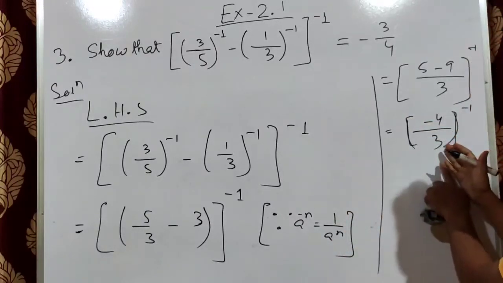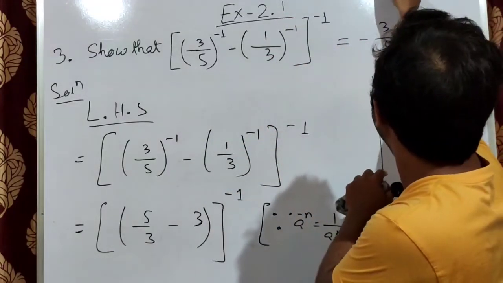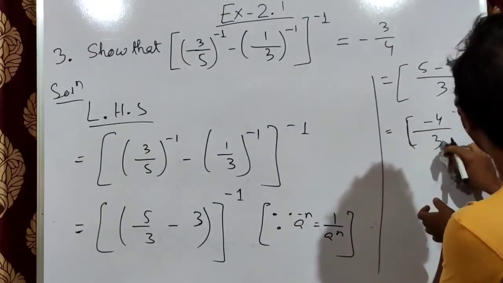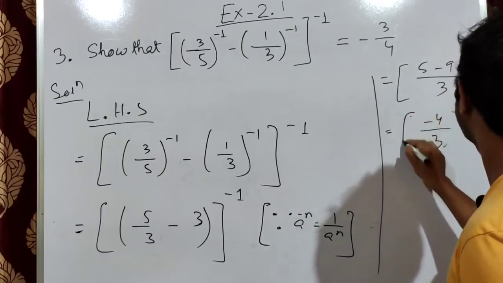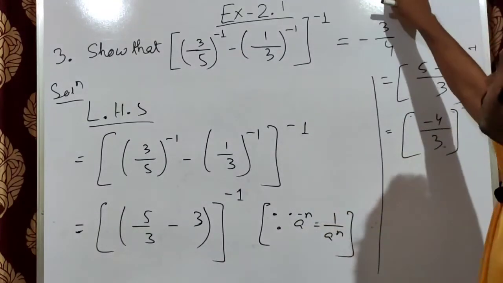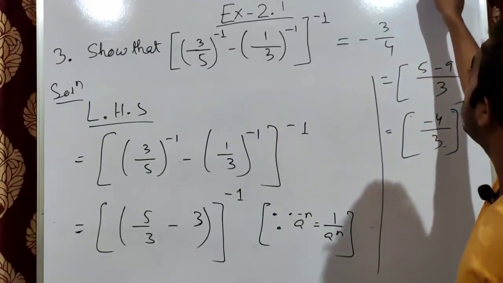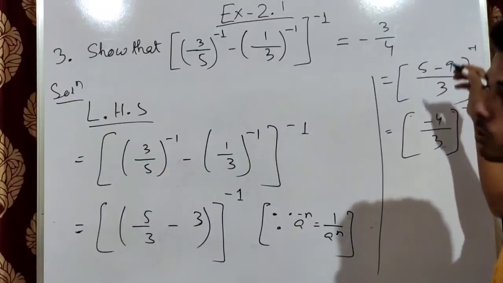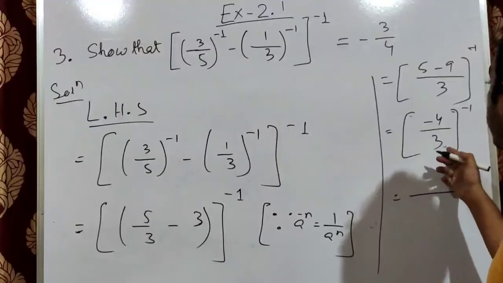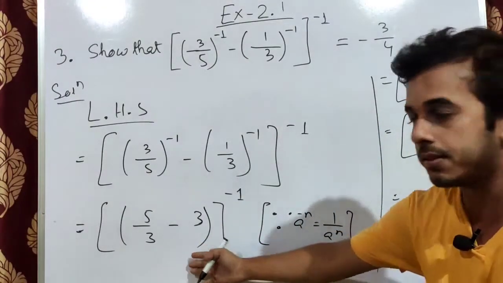Now this expression is in the earlier form, like a^-n, clear? Consider this -4/3 as a, and this minus 1 as minus n. Now we know we have to express this form as 1/a^n. So if we express this, this 3 will go in the numerator and the 4 will come in the denominator, as in like this.